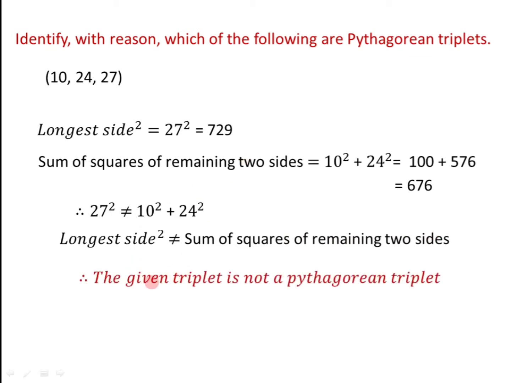That's why the given triplet is not a Pythagorean triplet. Now here we have considered these numbers as lengths of sides of a triangle. That's why we have used the wording longest side square and sum of squares of remaining two sides. By using this principle, we can decide whether the given triplet is a Pythagorean triplet or not.